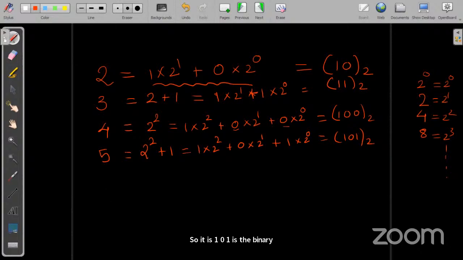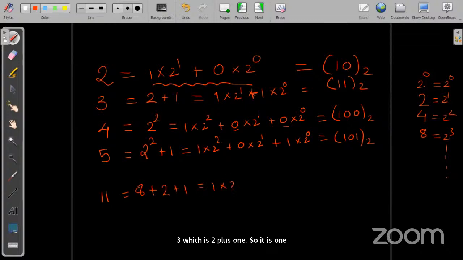Similarly, can you calculate the binary representation of 11? I can write 11 as 8 plus 3, which is 2 plus 1.